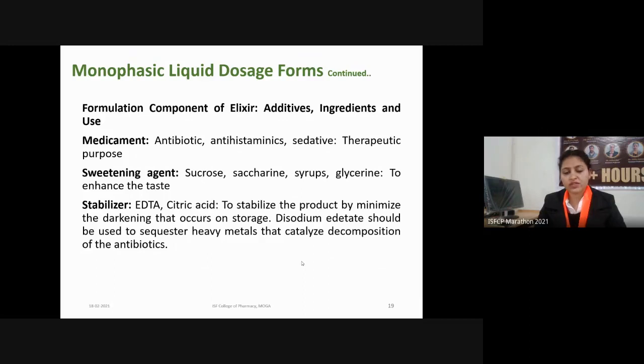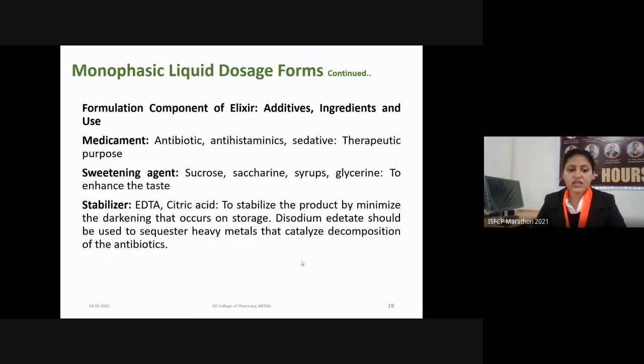Syrups we have discussed in our first formulation. And why do we use these sweetening agents? To enhance the taste of the elixirs, and they can also mask the bitter taste of the medicaments that we are going to dispense in our elixirs.